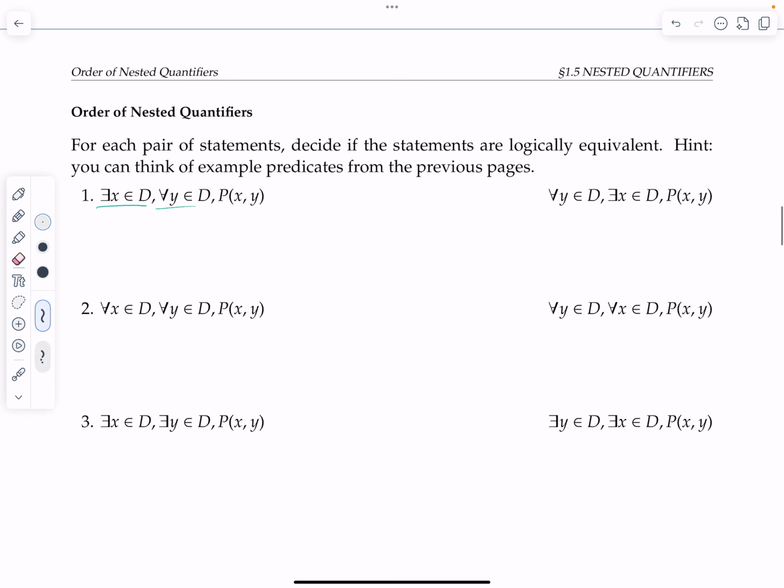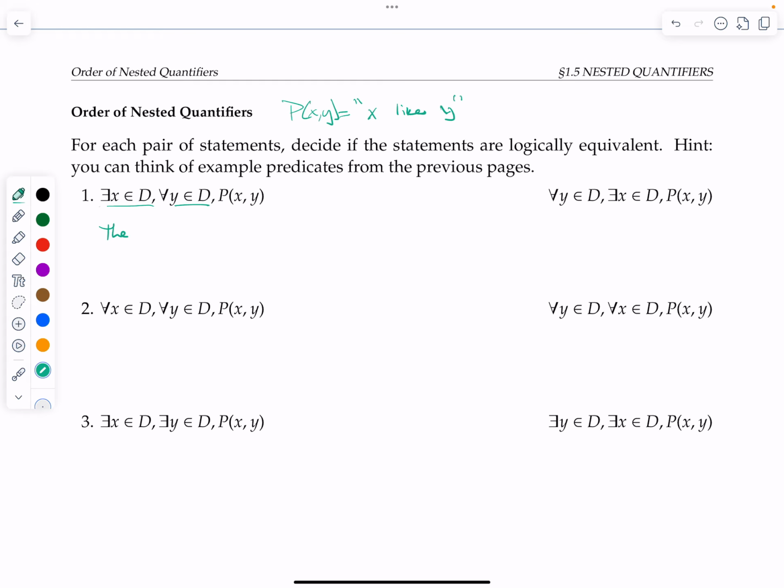Oh, well, I guess since we don't have a specific predicate, we can use that. Why not? Let's use the predicate P of X, Y is that X likes Y. We'll use that predicate since this appears to be using the same domain for both of these.